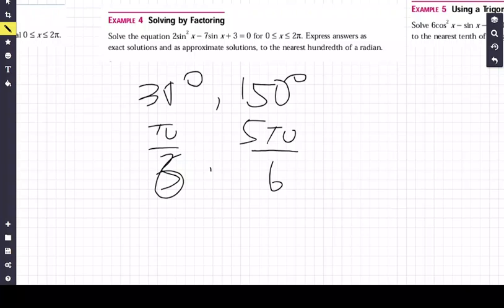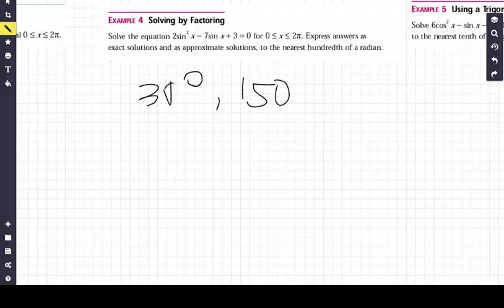You're going to get a number of 0.52 because you're rounding to the hundredth. I got 0.523, so I round down. Now 5 pi over 6, 5 times pi over 6. That's going to give you 2.62. My answer was actually 2.617, which I will round up, so it's 2.62. Therefore, we have our answers.